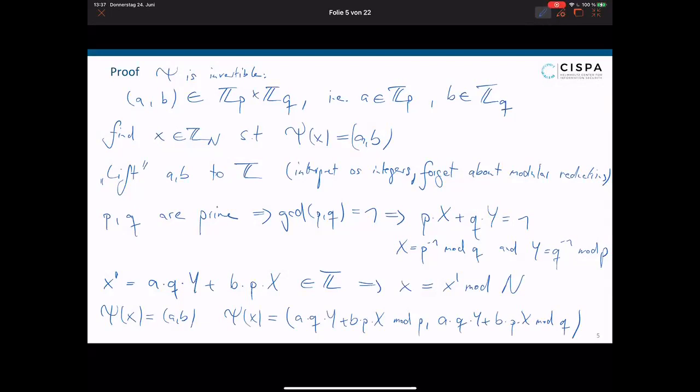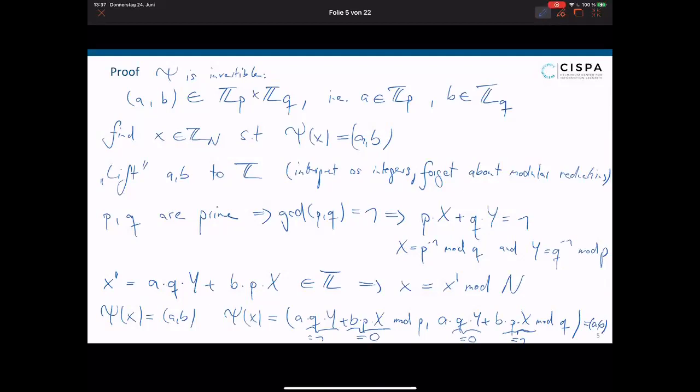But if you look at this here, since we're reducing modulo P, this is 0. And here on that side, we know that y is Q inverse modulo P. So this is 1, right? And here again, we know this is 0, and P times x modulo Q, this is 1. So we're getting this is (a, b).